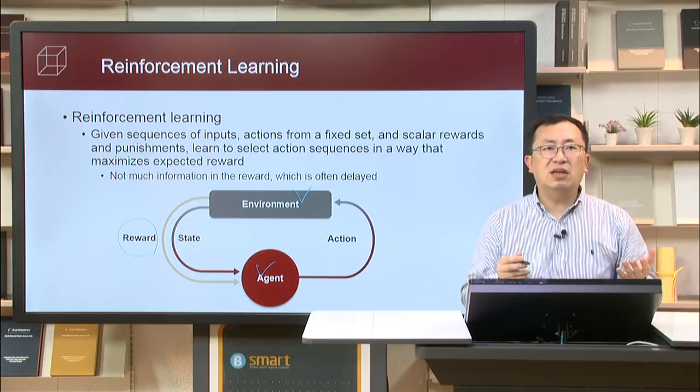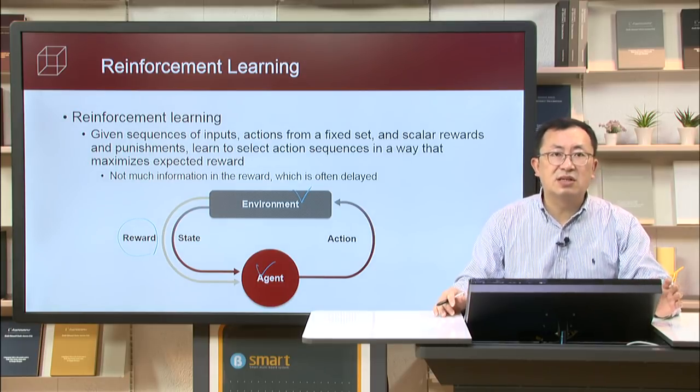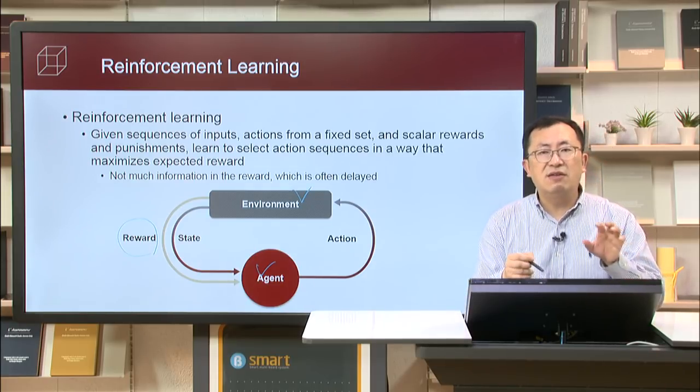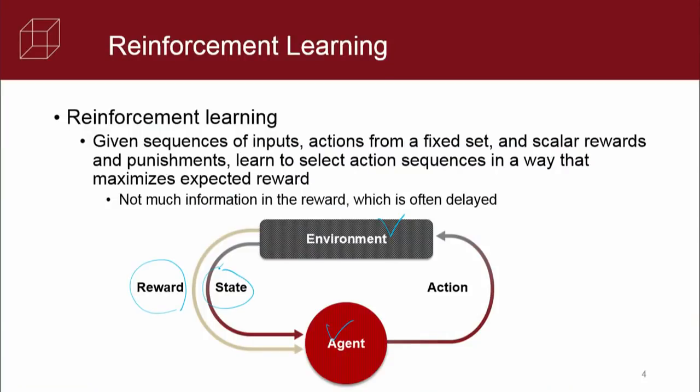As shown in the slide, the perceptions the agent gets from this environment are the environmental state. The agent can choose an action in each state, and after each action is performed, the agent receives some kind of reward, and the action for the certain state leads to another state in the environment.